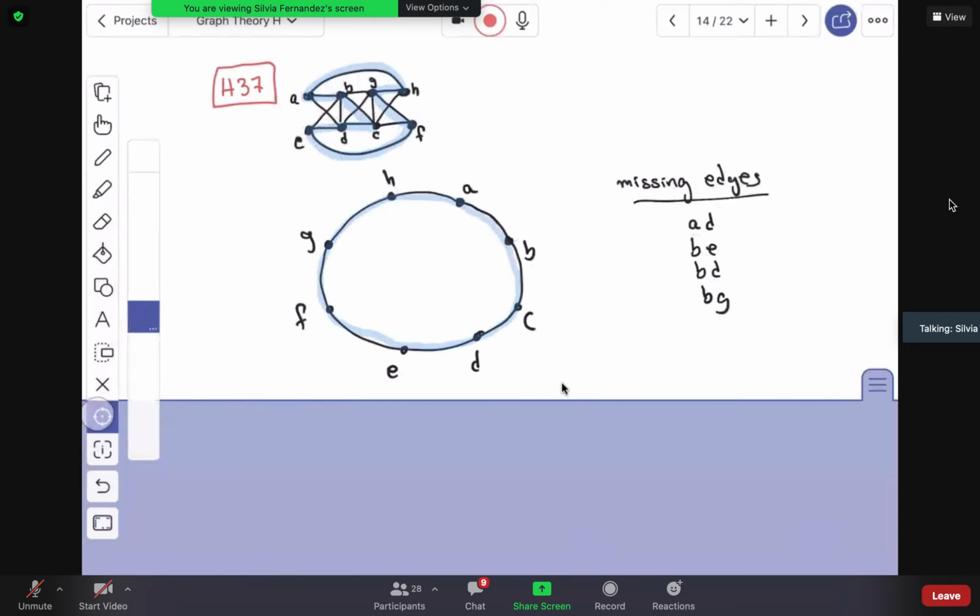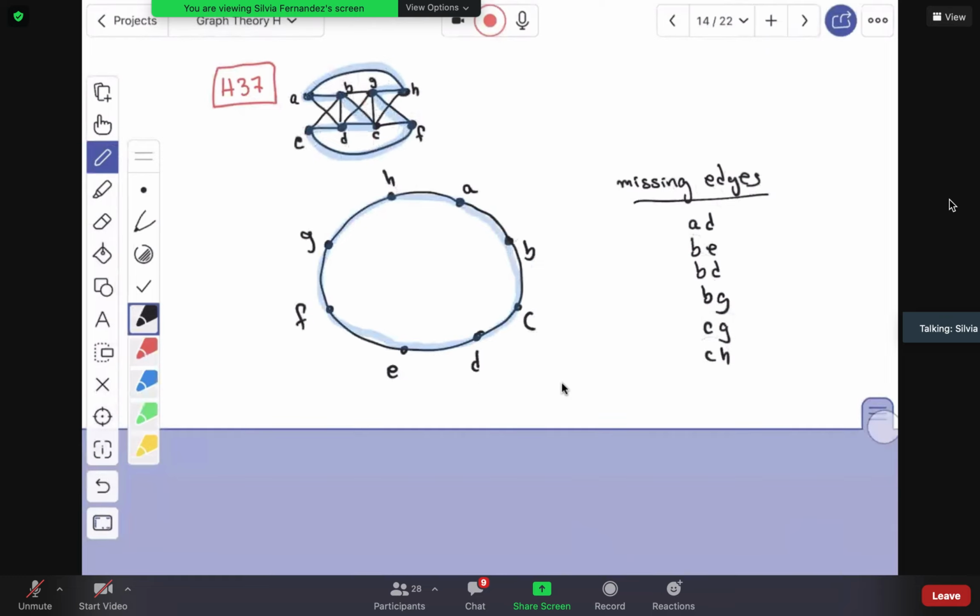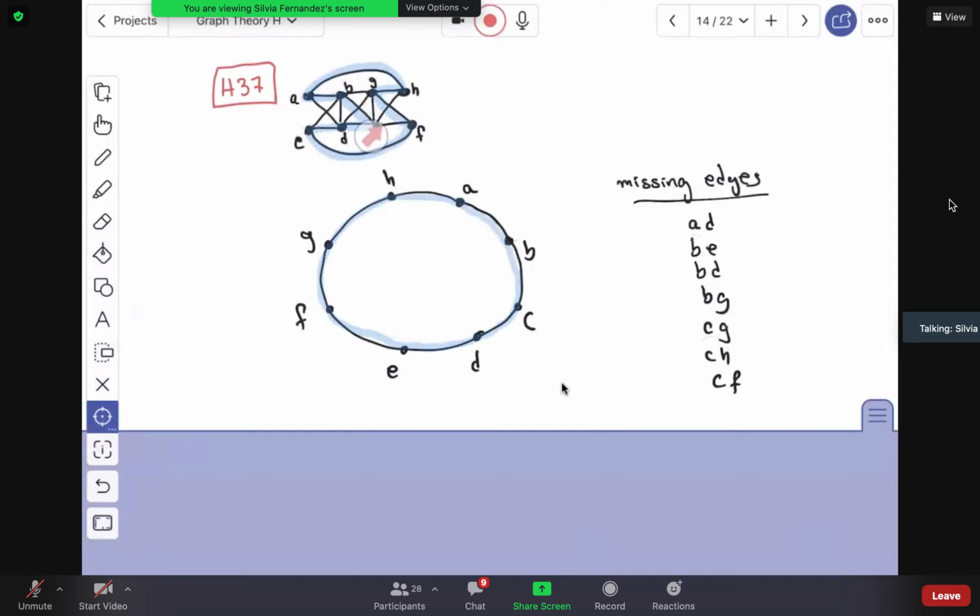So list everything that is missing. And then C is missing CG, CH, and CF. And then D is missing DA and DG. DA is already there because I went in alphabetical order. DB is already there, same reason. So I'm missing DG.